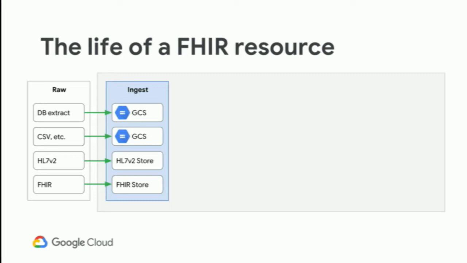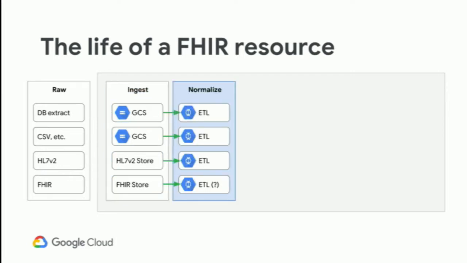In the case of raw data or binary data, it ends up in cloud storage, which is very similar to S3 if you use Amazon. For HL7v2 and FHIR, again, those are components of the healthcare API. So for HL7v2, there's an MLLP adapter. That's an open source project on GitHub. FHIR implements the FHIR API, which is what we're all here to talk about.